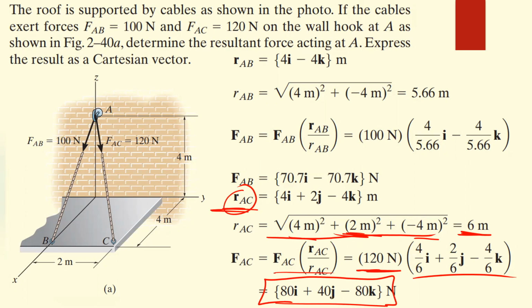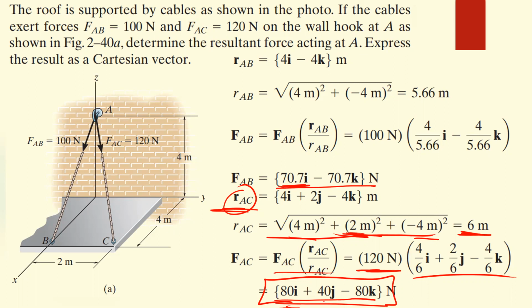And then to find the resultant, the resultant is simply found by adding the corresponding terms in vector AC and vector AB. So you add 70.7 to 80, which will give you something like 150.7.